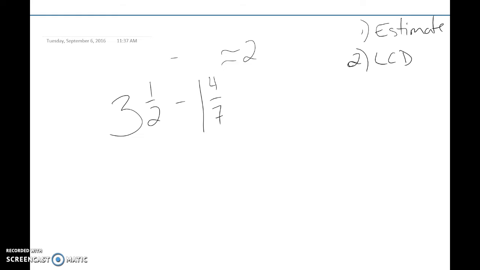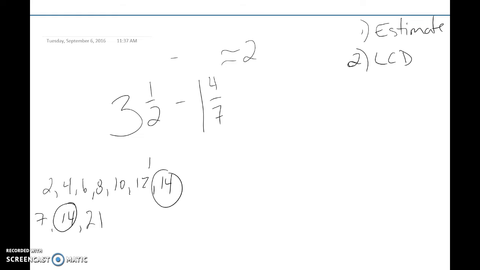LCD, least common denominator. Well, my LCD of 2 and 7 is going to be, remember, least common denominator, just multiples: 7, 14, 21. 14 is my LCD, so I'm going to put 14 here and 14 here.